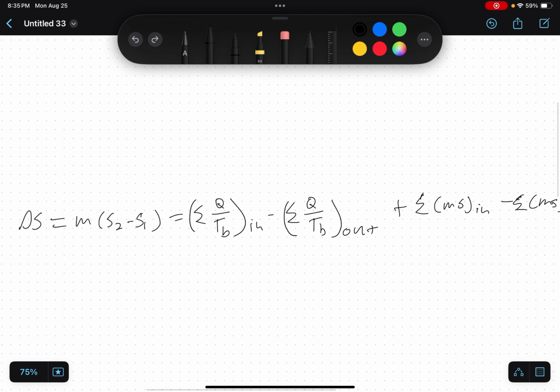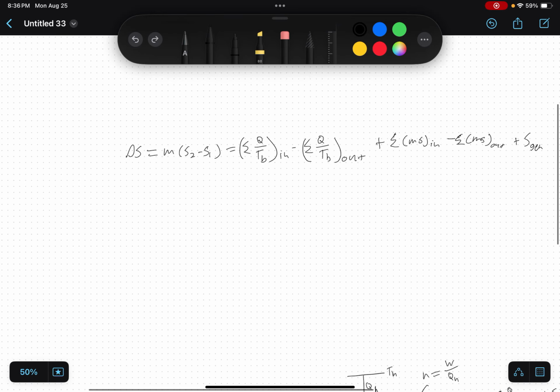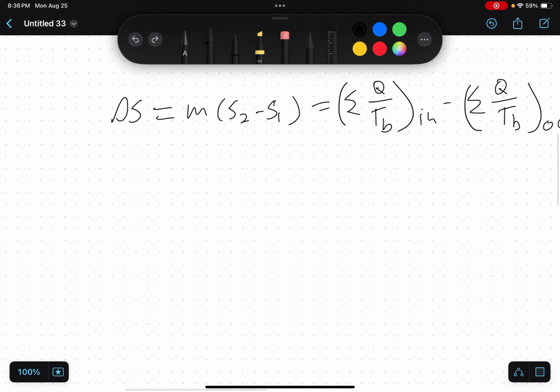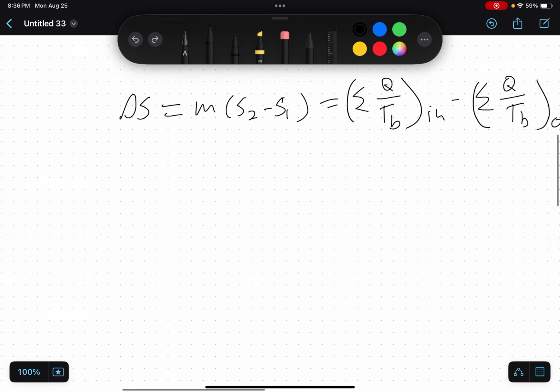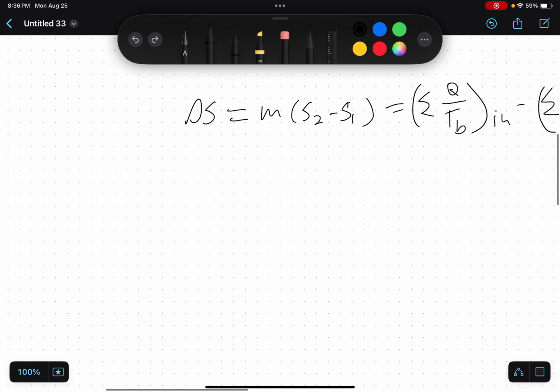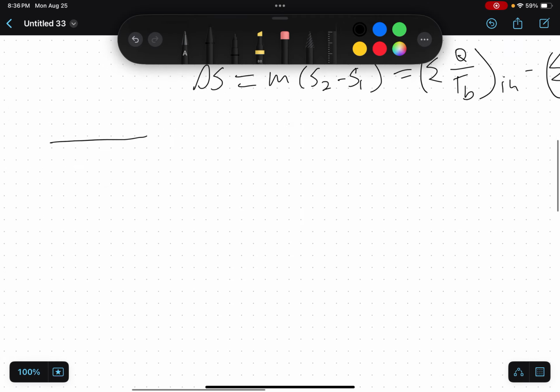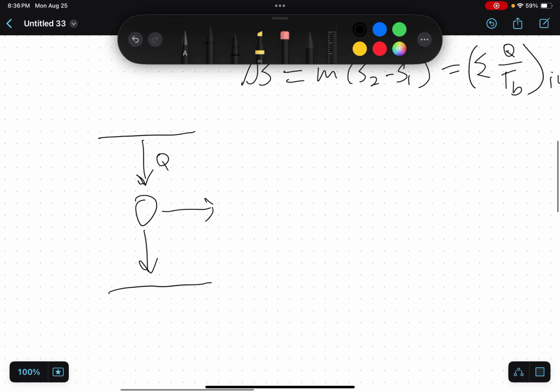So what about this stuff? Let's do the Carnot efficiency. I did it down here, but I'm going to do it up here as well. I did it down there for practice. So the whole idea is you've got a heat engine. So you put in some heat from a hot surface.